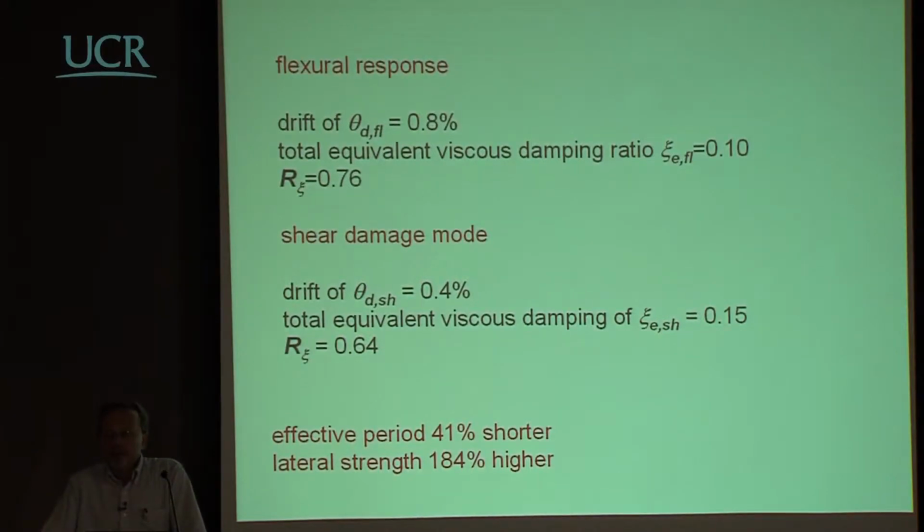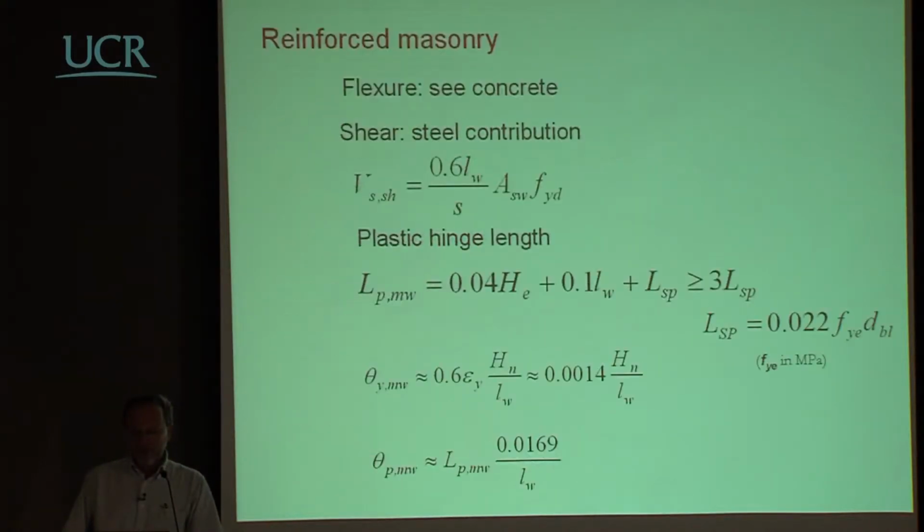So in a way, you have two different modes. In one, you have more strength; in the other, you have more correction on the displacement demand, and you have a different period of vibration. Everything's different.